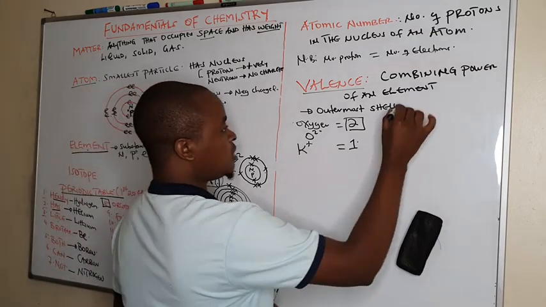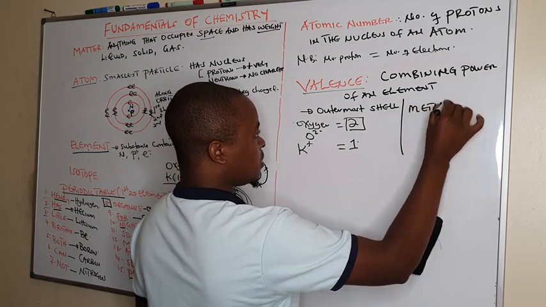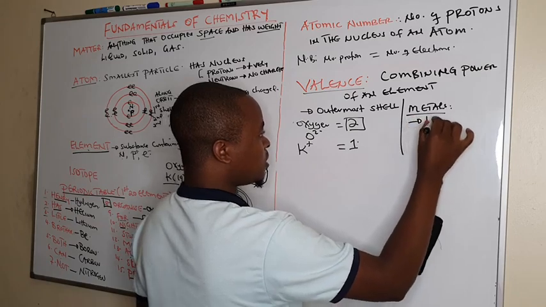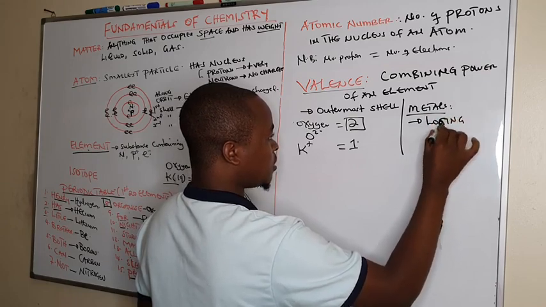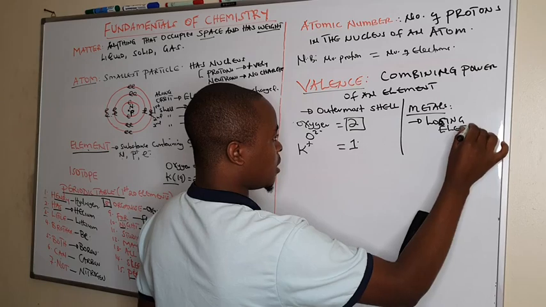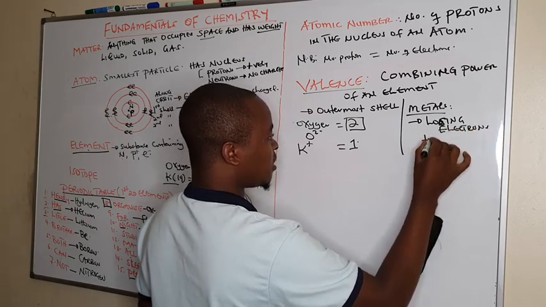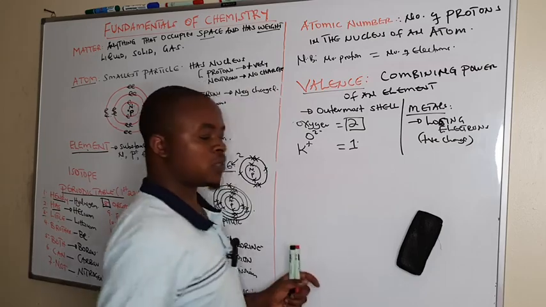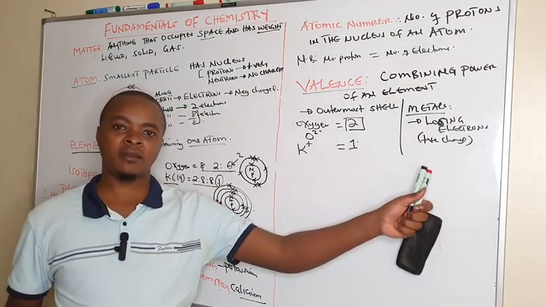So in a nutshell, we're going to say that elements which are metals react by losing electrons. And because they react by losing electrons, they attain a partial positive charge. They attain a positive, because if you donate, you are credited. So metals are like men.